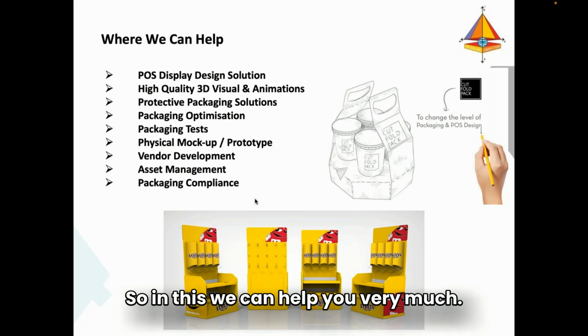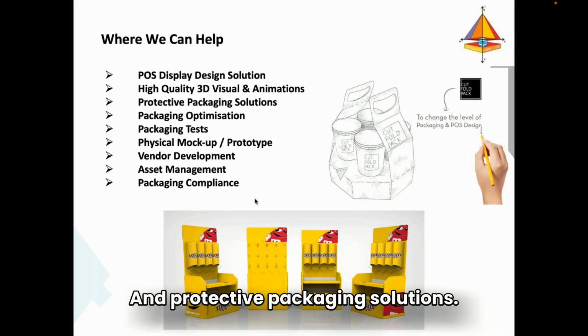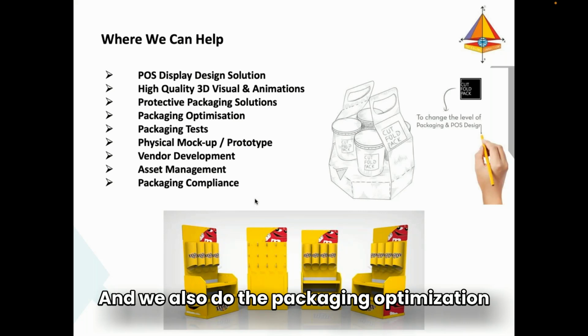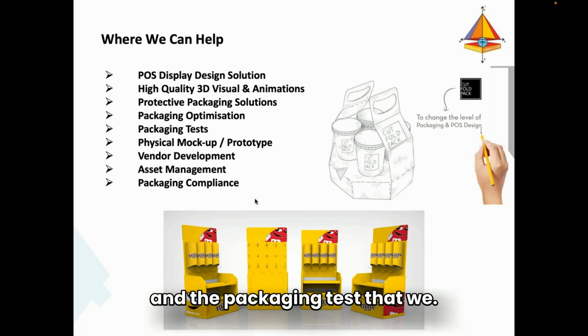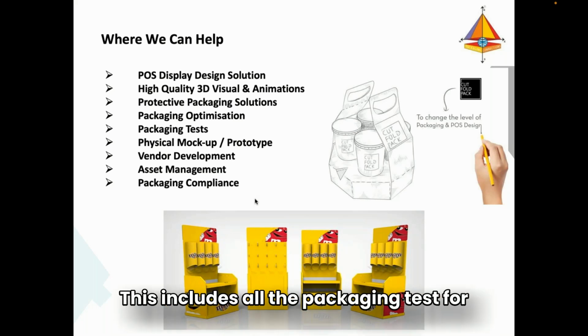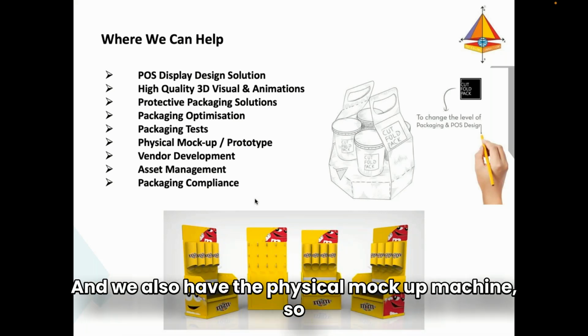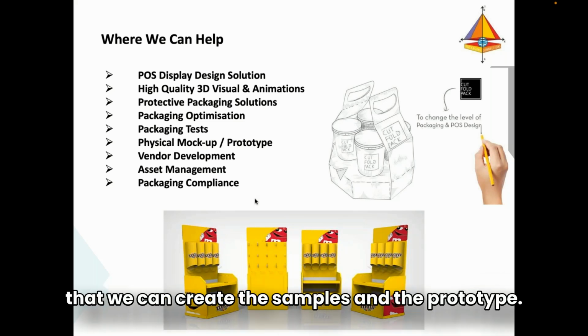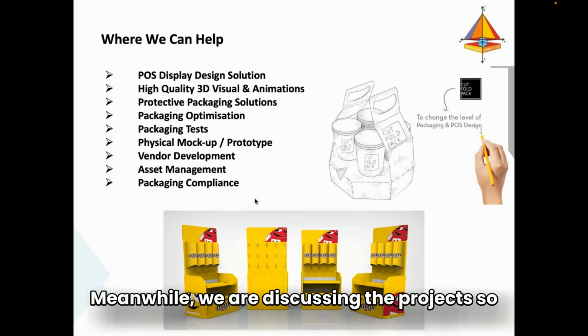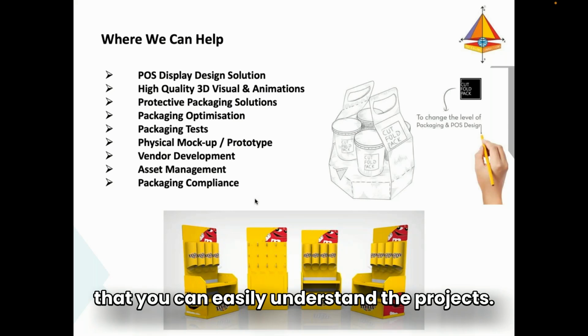In this we can help you very much, along with protective packaging solutions. We also do packaging optimization and packaging tests, including all the packaging tests for paper and paperboard related projects. We also have a physical mock-up machine so that we can create samples and prototypes while we are discussing the projects, so that you can easily understand them.